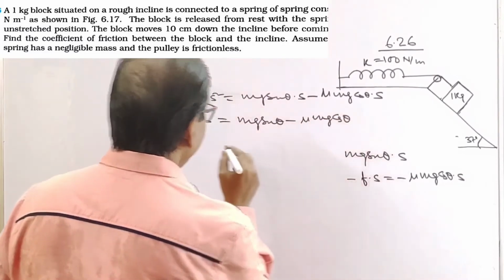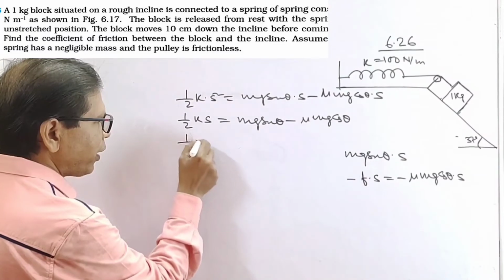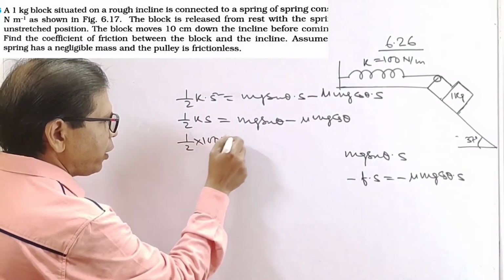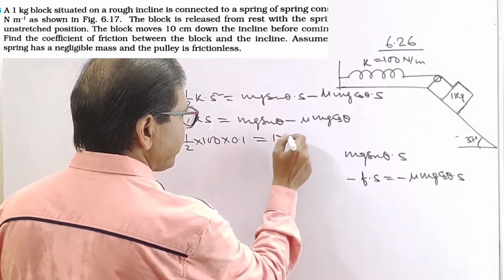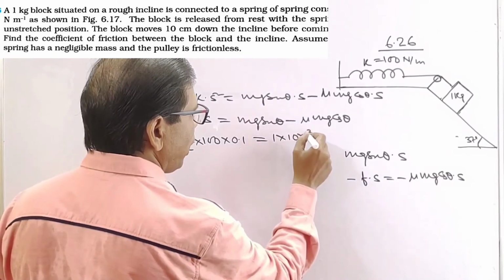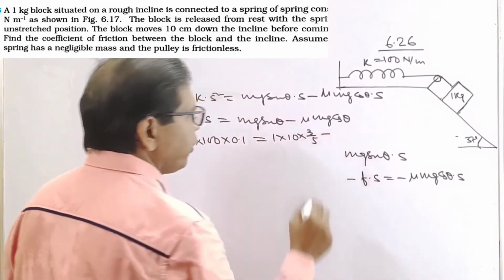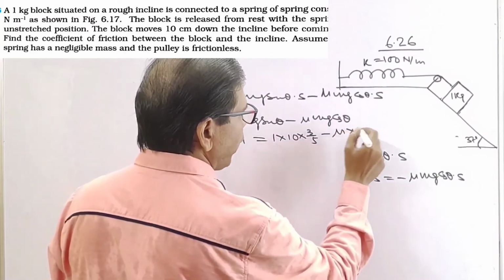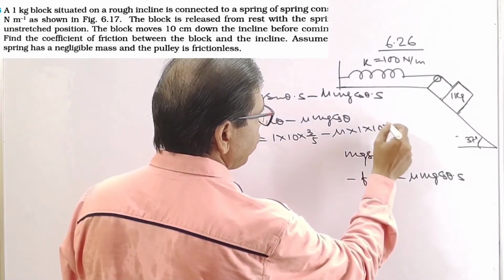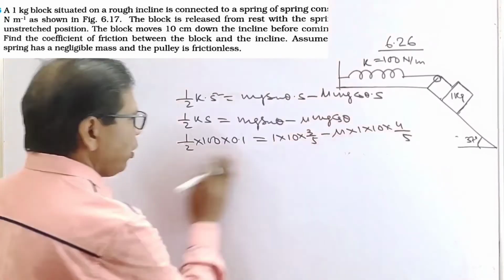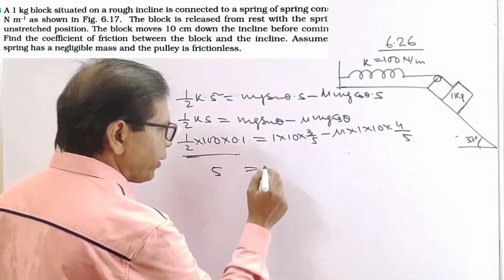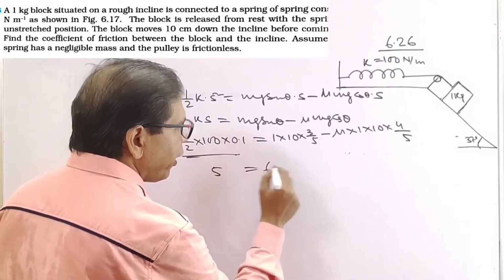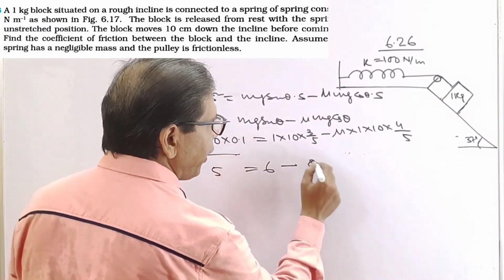Okay, now look at this, half, k is 100, s is 0.1, and mass is 1 kg, g is 10, and this is 3 by 5 minus mu into 1 into 10 into 4 by 5. Okay, now look at this, this is 5, equal to 6 minus 8 mu.